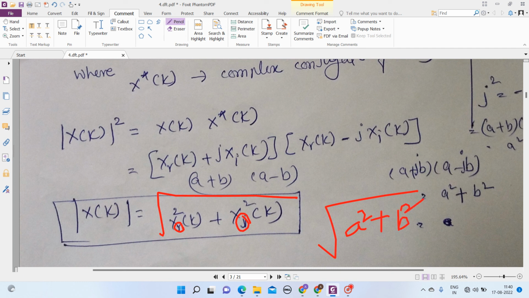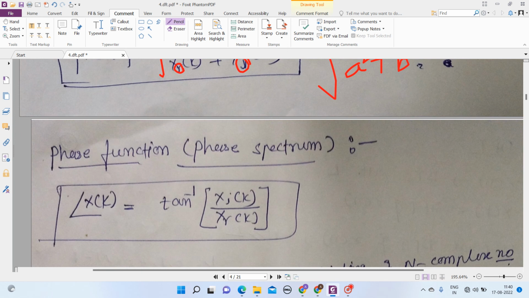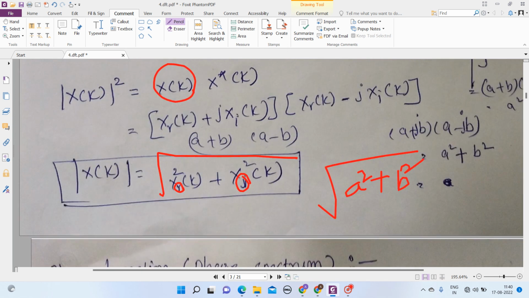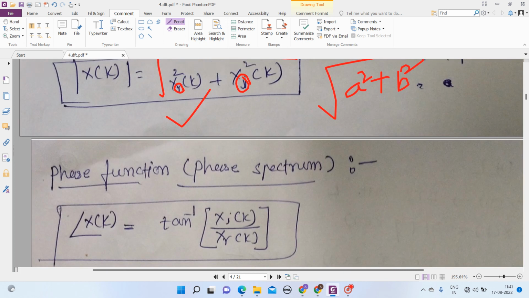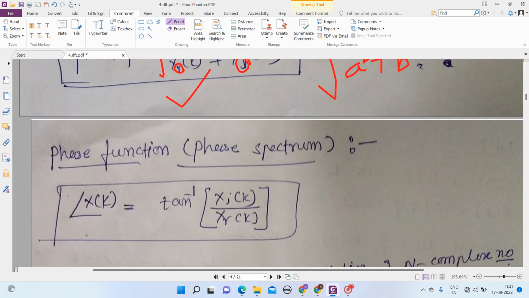Take a as the real part of X of k, and b as the imaginary part of X of k. In order to find the magnitude, you have to use this equation, square root of a squared plus b squared. In order to find the phase, tan inverse of imaginary part of X of k over real part of X of k.